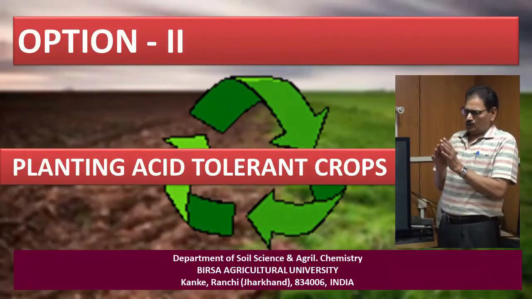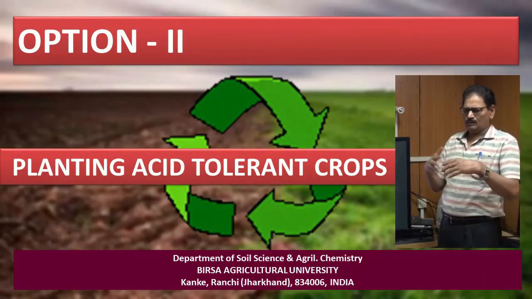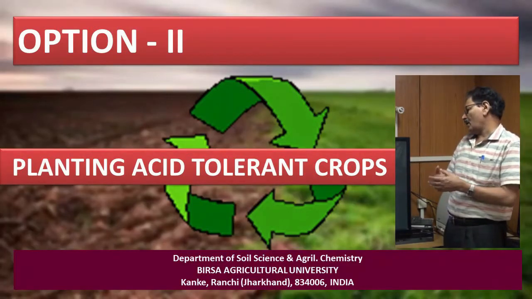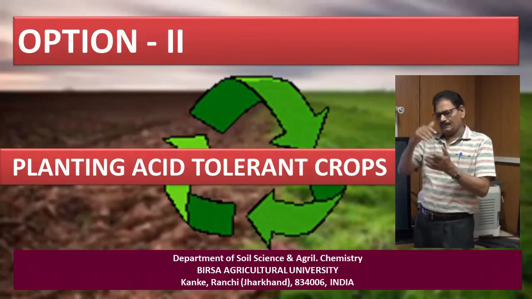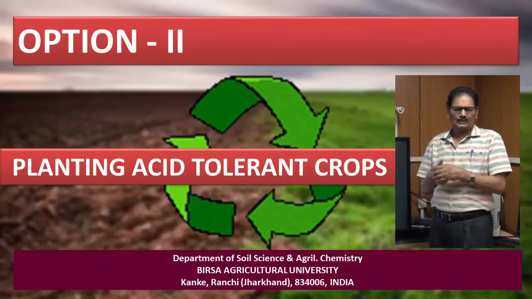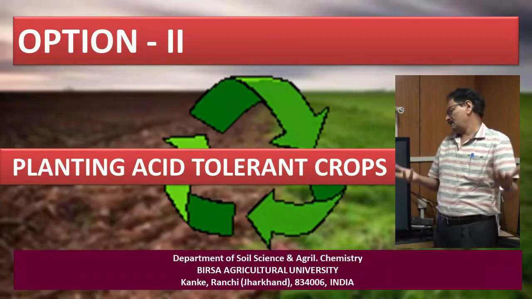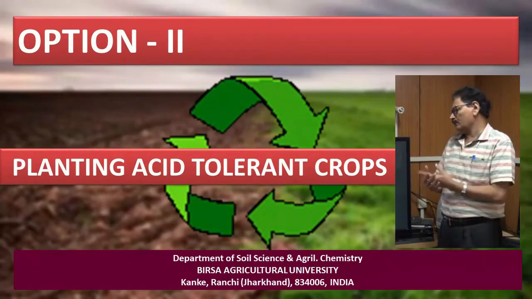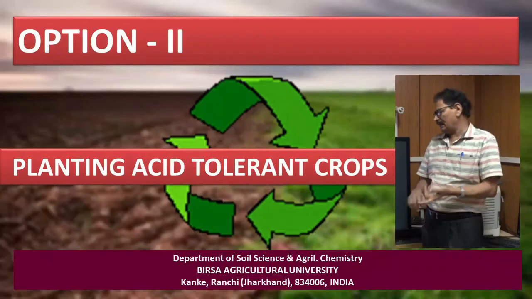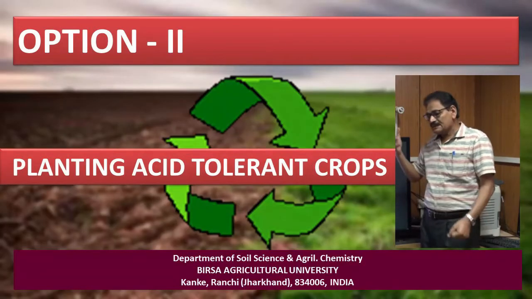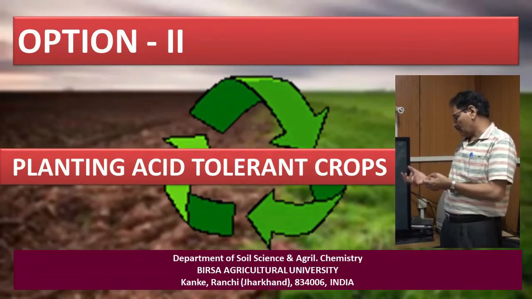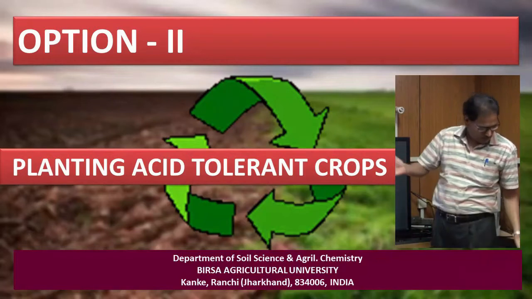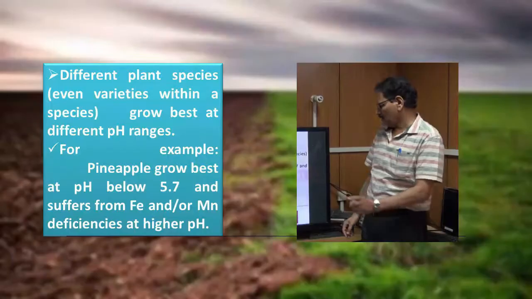Now, we reach option 2. In previous classes I have discussed there are two options: one is the application of lime and the second is the selection of acid tolerant crops. So this is also most important.